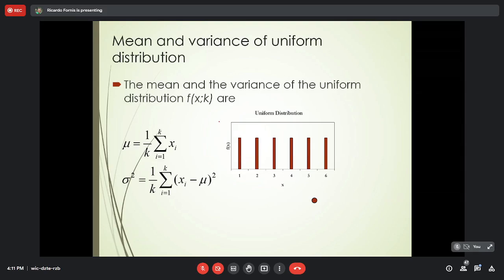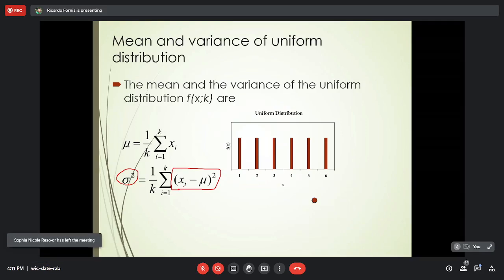For the mean and the variance of the uniform distribution, the mean is simply 1 over k times the summation of x_i. So 1 plus 2 plus 3 plus 4 plus 5 plus 6, divided by 6. Then the variance, symbolized by sigma squared, is 1 over k times the sum of the squared deviations.